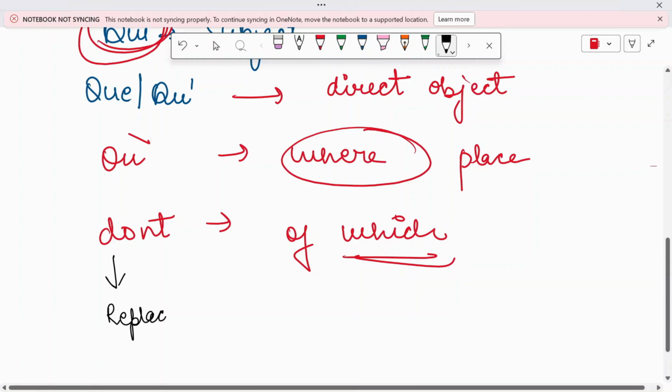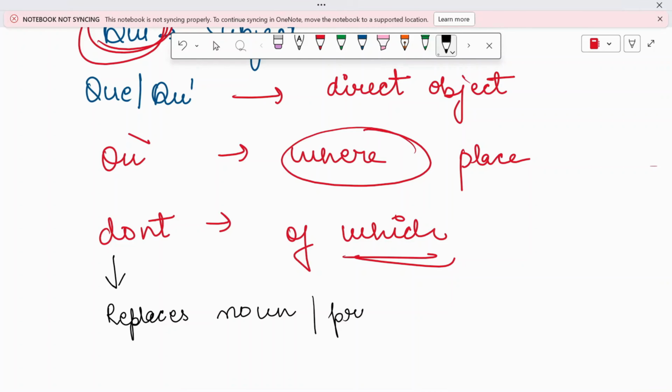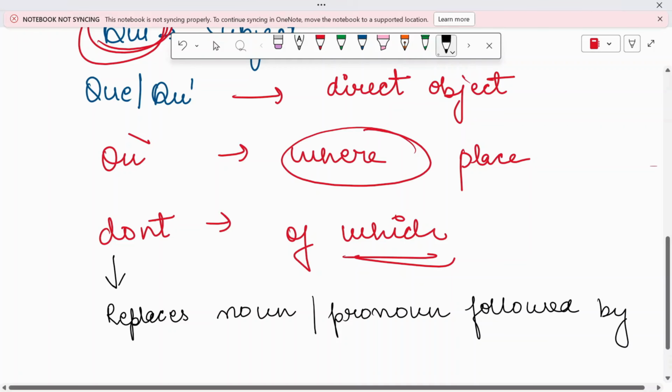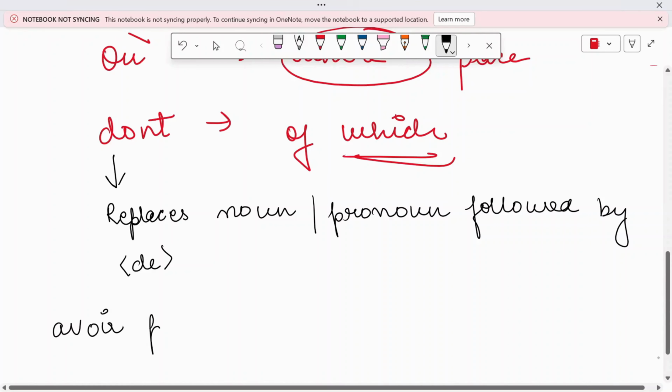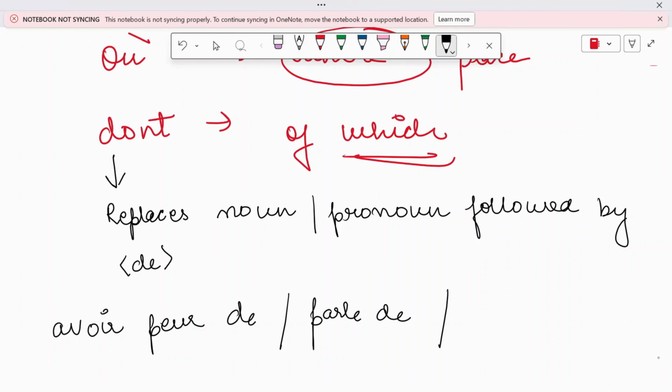A few of the expressions with de that you can see here are avoir peur de, to be scared of, parler de, to talk about, avoir besoin de, to need, and so on.